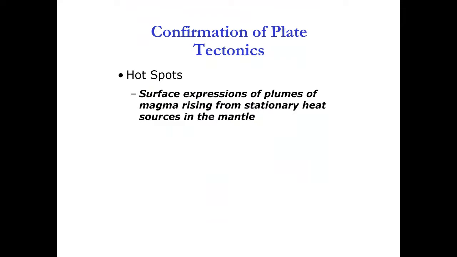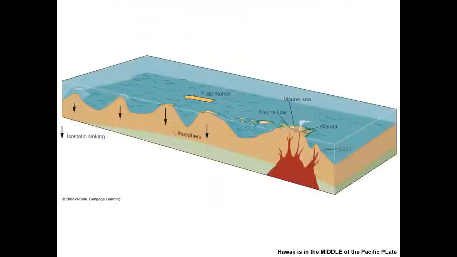The next example is called a hotspot, and you're going to have some questions about this in lab 4. Hotspots are surface expressions of plumes of magma rising from stationary heat sources in the mantle. Now that description sounds really scary and hard to understand, but then you see an image and hopefully it helps you make sense of it all. So remember we talked about isostatic equilibrium, right?